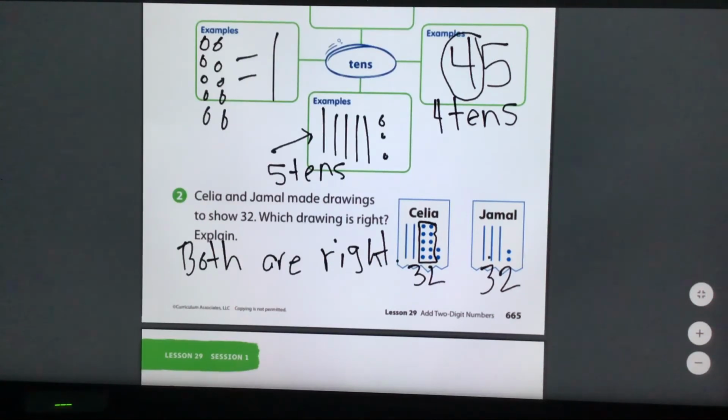Now explain the difference between the two: Celia used more ones and Jamal used more tens. So Celia used more ones.